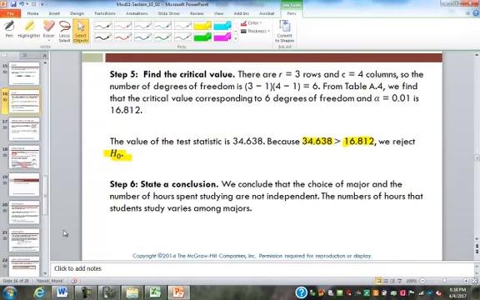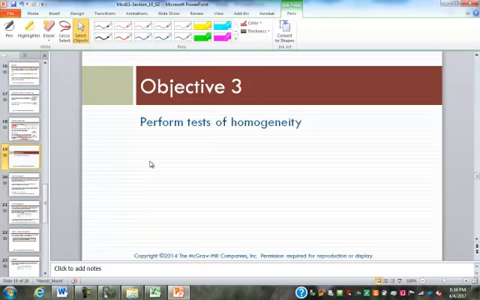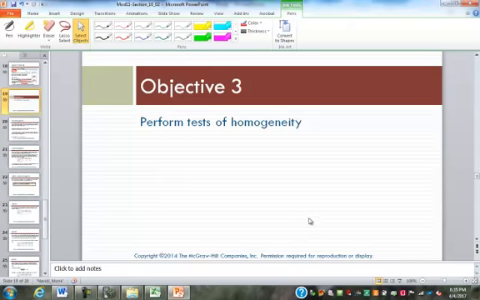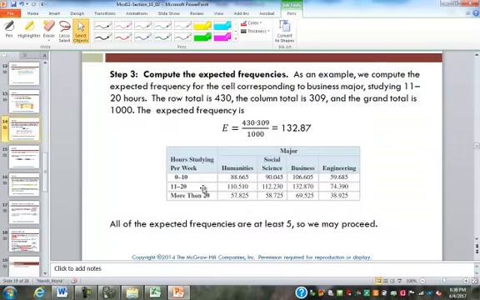Okay, so let's go back here now and get to that test of homogeneity. The difference between the test for independence and the test for homogeneity is actually quite subtle, and it's all about how we select the data for the table. What we did up above was we took 1,000 students, period.